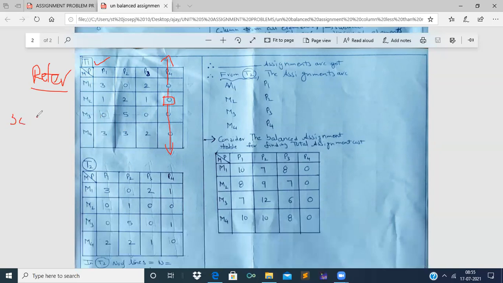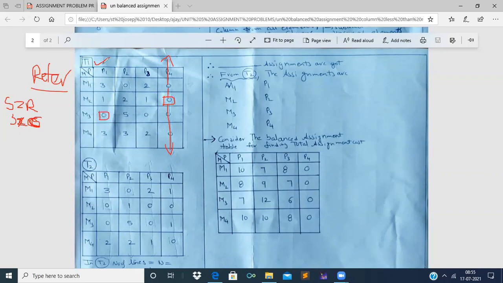As we have completed the single zero row search, now we are proceeding for the single zero column search. The first column is containing a single zero, therefore we put this zero in a box.